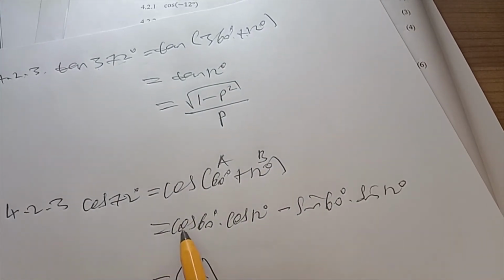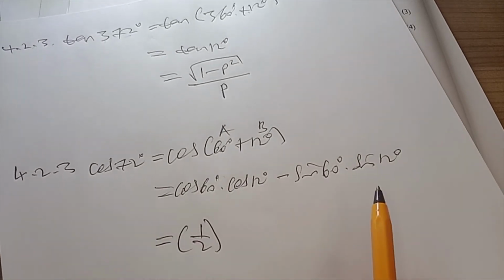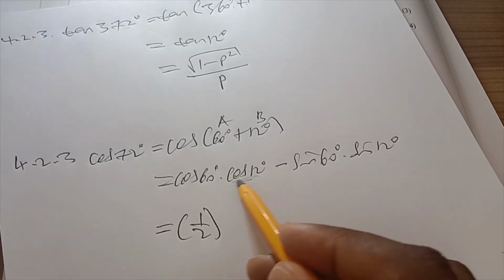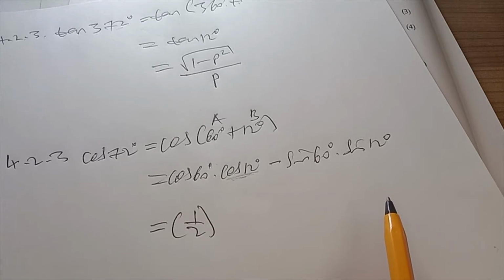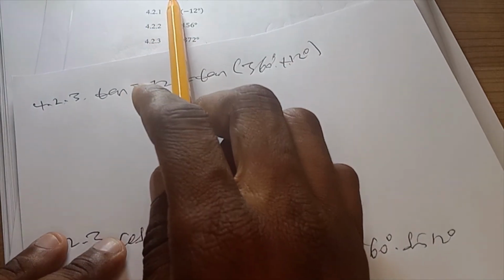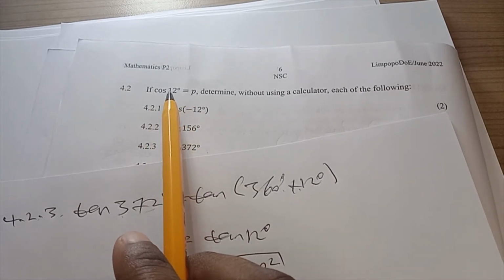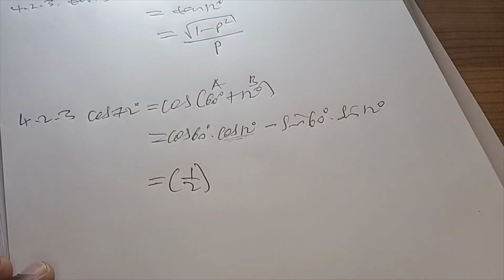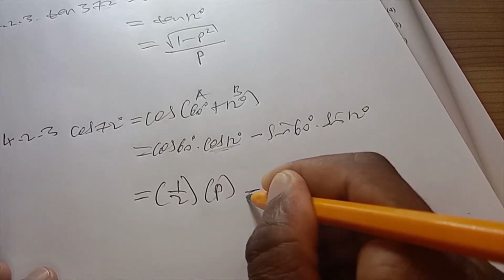We substituted the cos 60 degrees with 1 over 2 from the special angles that we know. This one is the special angle in our question, and we are given that the cos 12 degrees is the same as p. Then here we can substitute p.